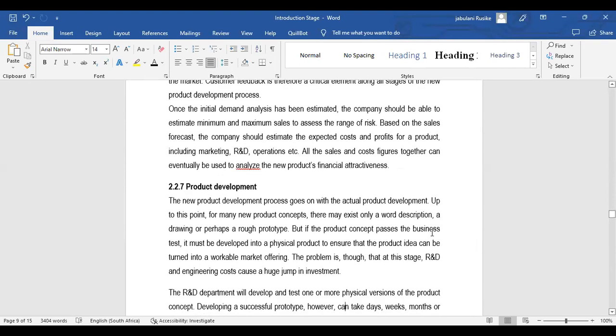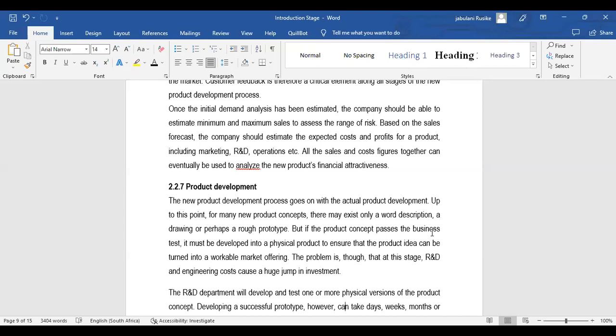At this stage, once you are satisfied with the analysis, and you've determined the attractiveness of the product or its ability to accomplish the objectives of the organization, which is to make profit, then you can produce the product. At this stage, the marketing department can present information to the production or engineering department to say, this is the product that we want.